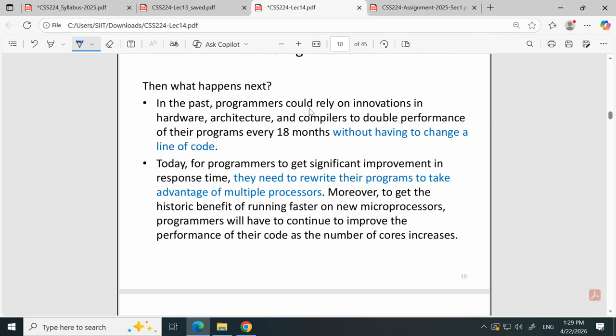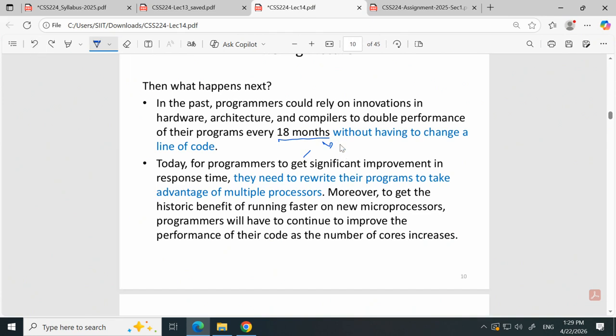In the past, programmers could rely on new computers, new processors every 18 months. You remember what that means, 18 months? More speed, more flops, from Lecture 1, I think, without having to change a line of code.